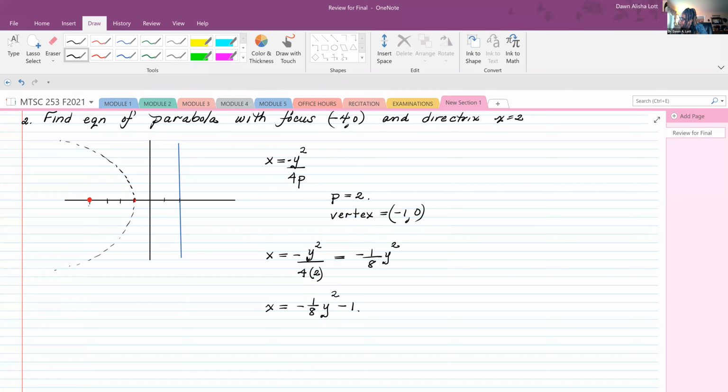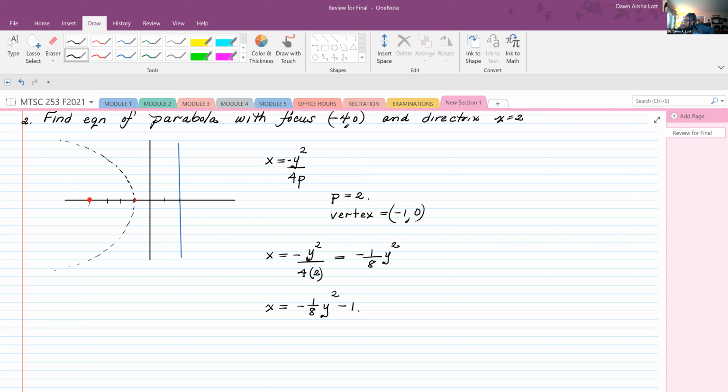That should be right. Let me just double check. Oh, I had myself on mute. I was talking. I said, will it always be negative y squared over 4p or no? Yes. Okay. And then you have to adjust it for the vertex.